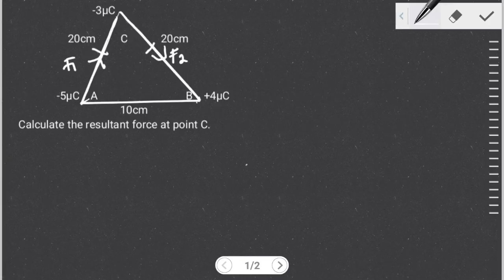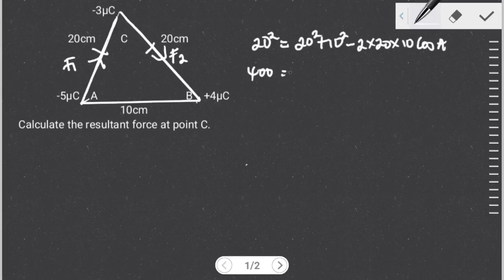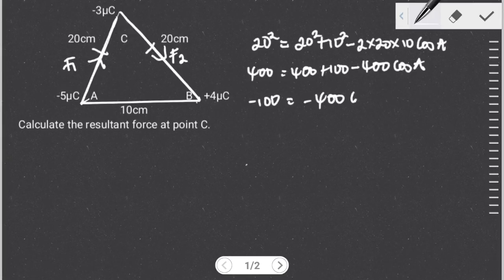If I want to get the angle A, that means 20 squared equals 20 squared plus 10 squared minus 2 times 20 times 10 times cos A. Therefore 400 equals 400 plus 100 minus 400 cos A, so negative 100 equals negative 400 cos A, and therefore 100 divided by 400 equals cos A, so cos A equals 1 over 4.